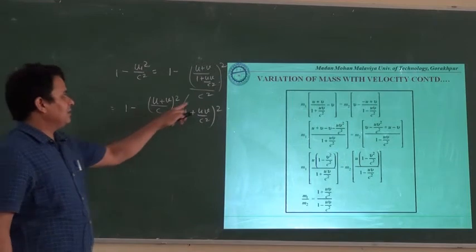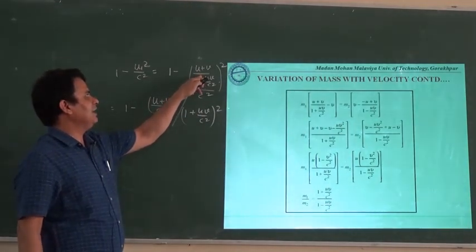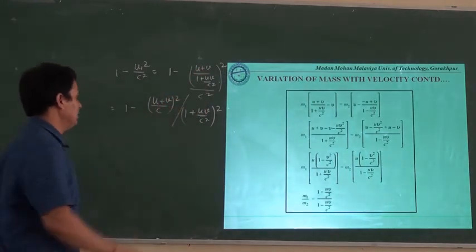Now you may see that it was c square. This c square has been absorbed here. That's why (u plus v) upon c whole square we have taken here.